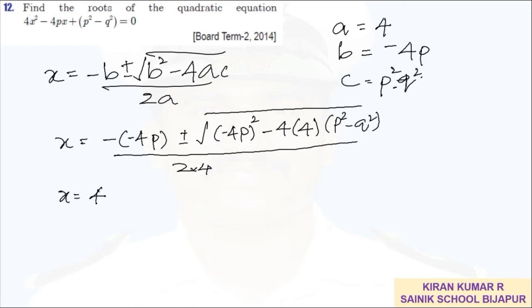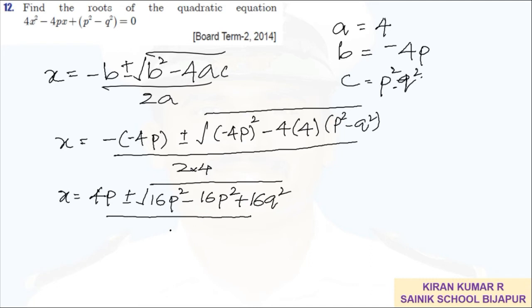Let's simplify. It's 4p plus or minus root of, it becomes 16p square, 4 times 4 is 16, 16p square plus 16q square, divided by 8. If you observe these two terms, they are getting cancelled.